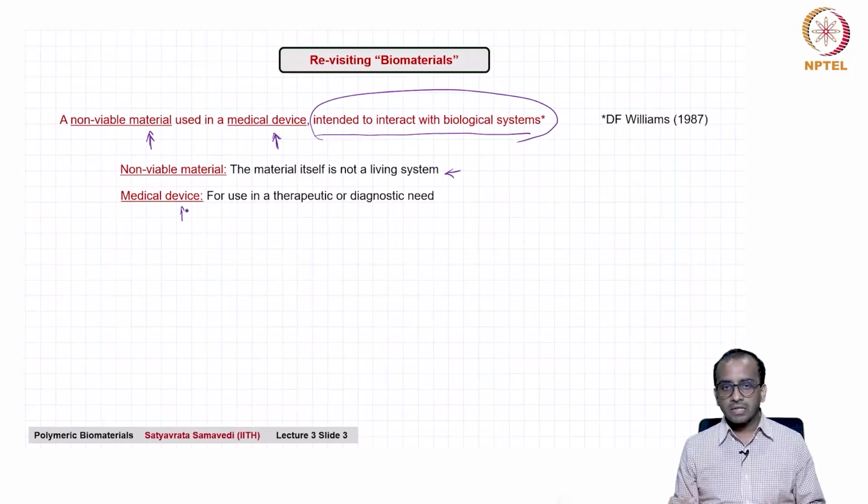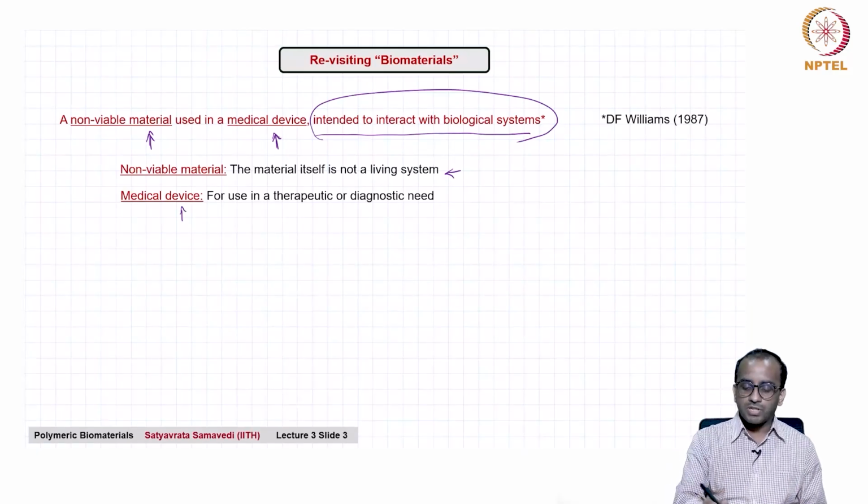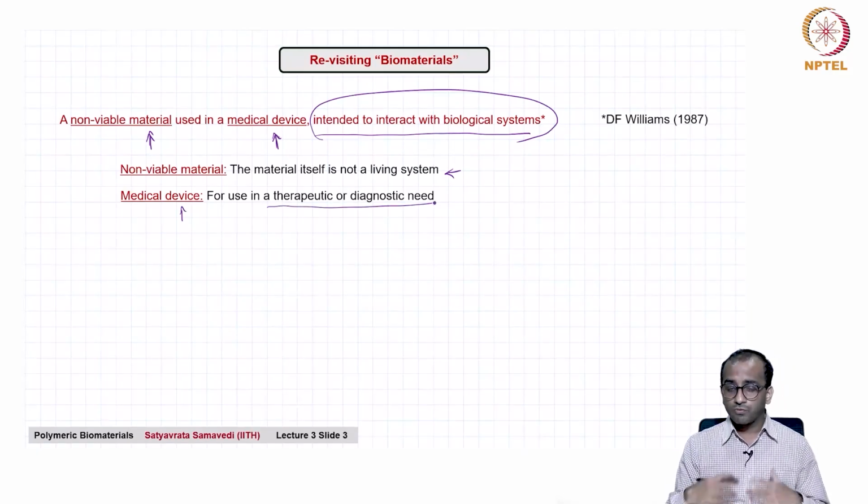A single material is very rarely used on its own. Even in a very innocuous application, or what would seemingly be a very small application, one is going to look at a combination of materials that is typically required as part of a device to fulfill a therapeutic or a diagnostic need.